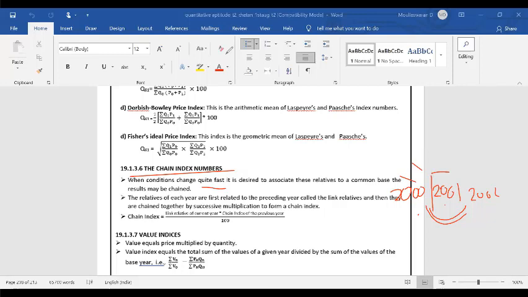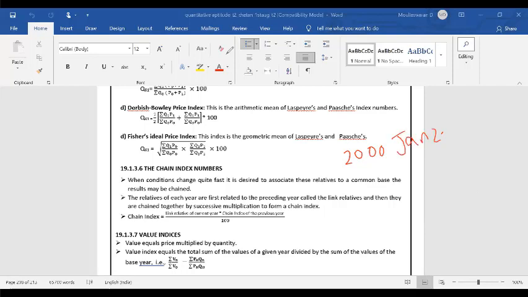So what should I do at that time? I should have a common base. I should always take 2000 as a common base, and then I can find out the relation with the other variables. See one more example. 2000 is the base year.